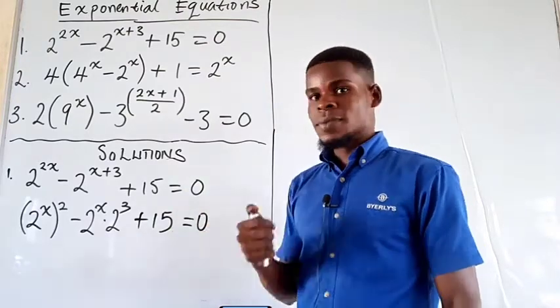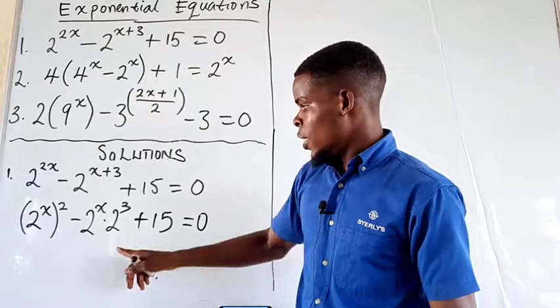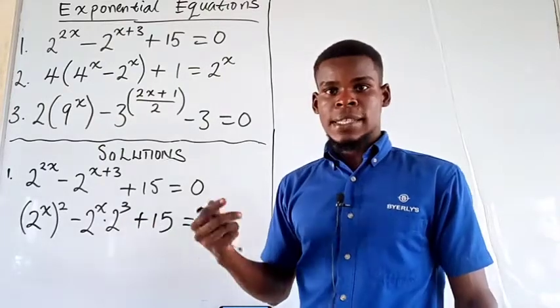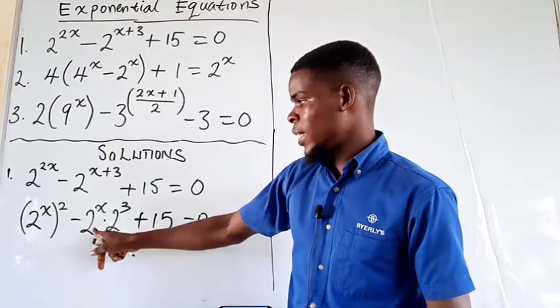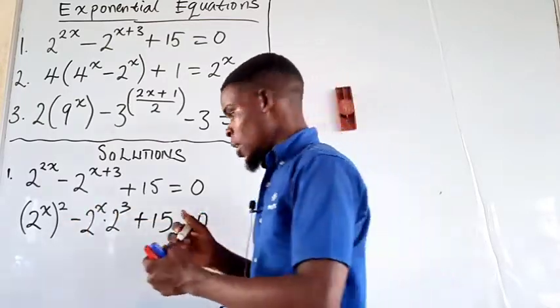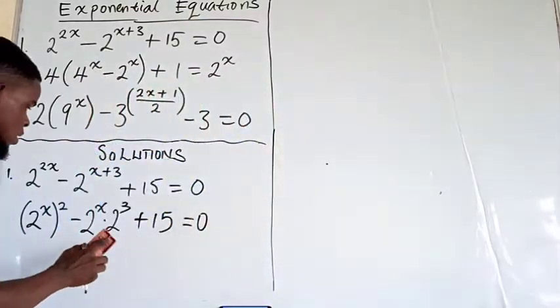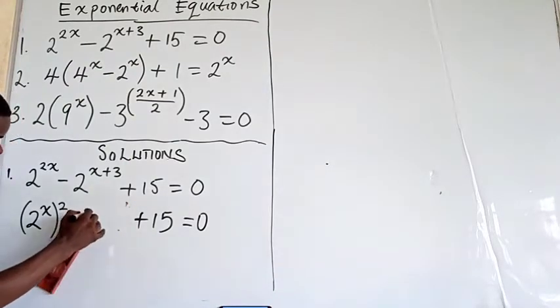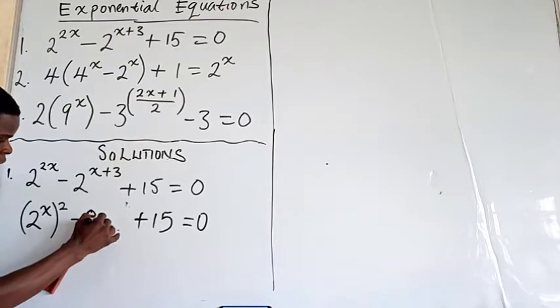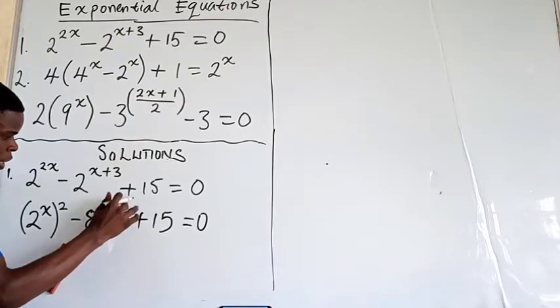Here, this 2 to the power of 3 can be written as 8. I want to rewrite it because this is 2 to the power of 3, which is the same thing as 8 times 2 to the power of x.